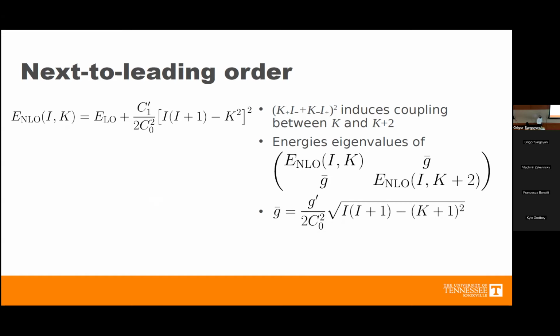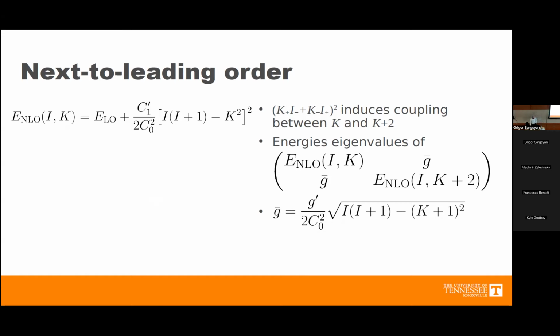And again, we see some new couplings between rotational states, and because we have this operator squared, we can see couplings between states that differ by 2 units of angular momentum.